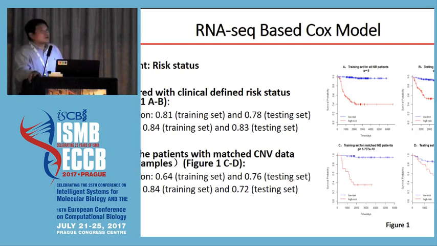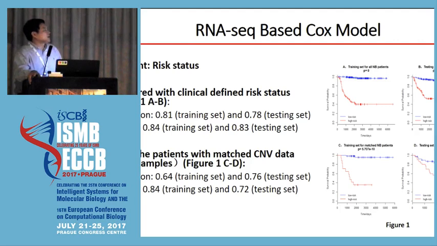For the endpoint of risk status, compared with the clinically defined risk status, our modeling gets a precision of around 81% for the training data set and 78% for the test set. The recall is around 84% for the training set and 83% for the test set.